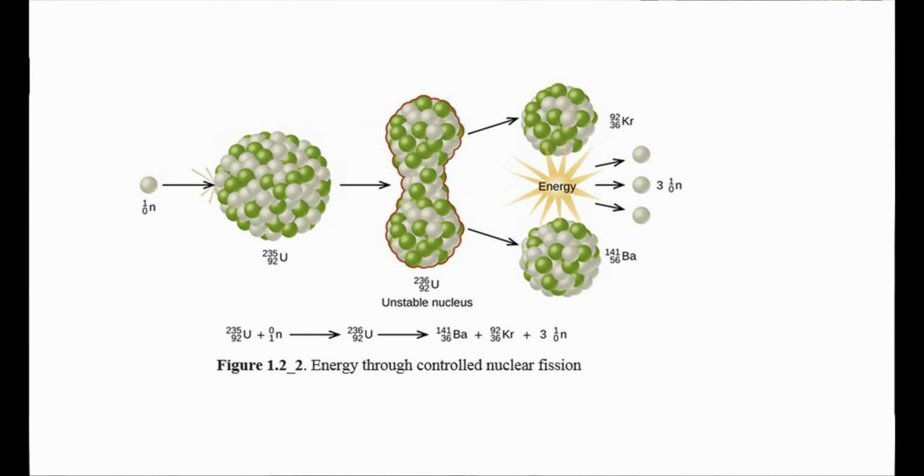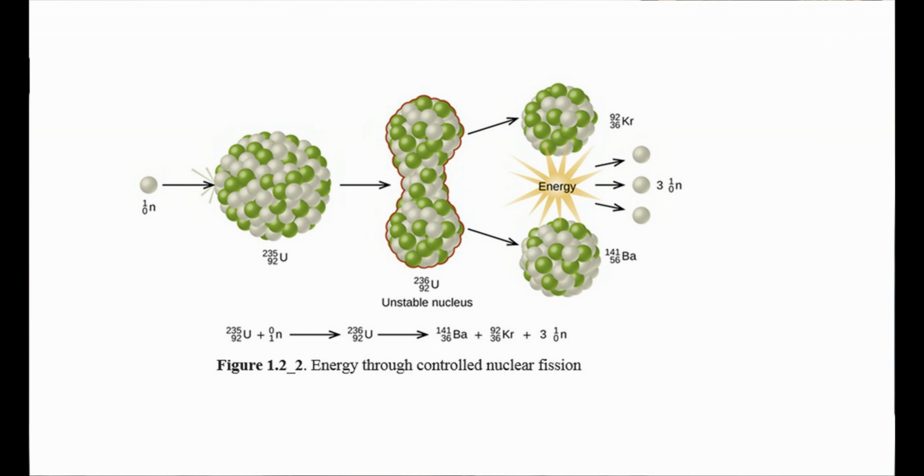So, for example, I am taking one neutron, and here is my uranium-235. This is the fissile material. Uranium-238 is not fissile. This is the one which is being bombarded, and it splits up, and one fragment goes to krypton, the other to barium, and these are the highest known isotopes of barium and krypton.